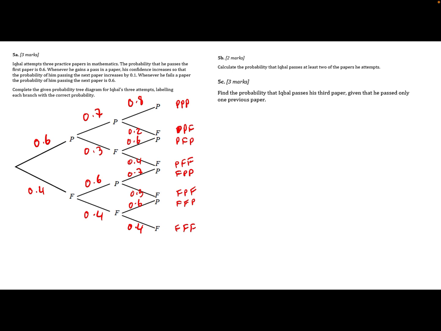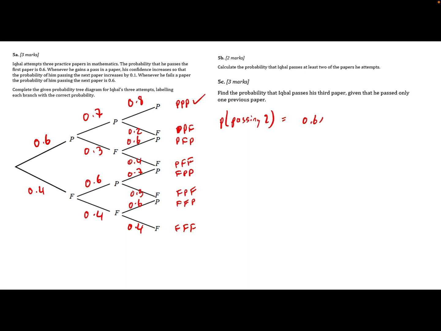Right, calculate the probability that Iqbal passes at least 2 of the papers he attempts. So the probability of passing 2 is equal to, well, at least 2 means you can also pass 3. So the very first one, pass, that's all right.